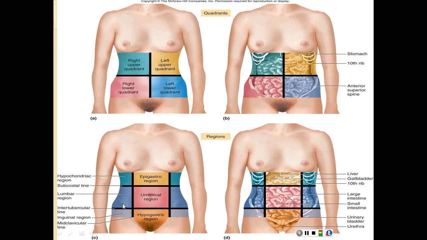We have lines that are going to separate these regions, going horizontal. Separating the hypochondriac and the lumbar region is our subcostal line. Separating our lumbar and our inguinal region is our intertubercular line.